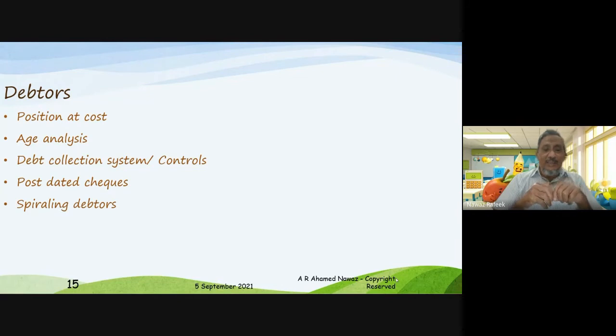Then spiraling debtors. That means debtors are increasing their limits gradually. If you see, when they do monthly transactions, every time, little by little, they are increasing their amount of borrowing, purchasing.